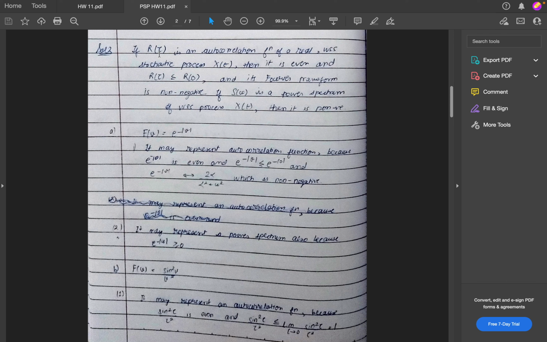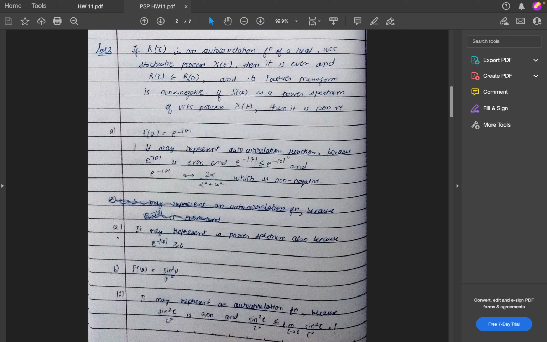So we know that if r of tau is the autocorrelation function of a real wide-sense stationary stochastic process x of tau, then it should be even, and r of tau should be less than or equal to r of 0. And the third thing is its Fourier transform is non-negative.